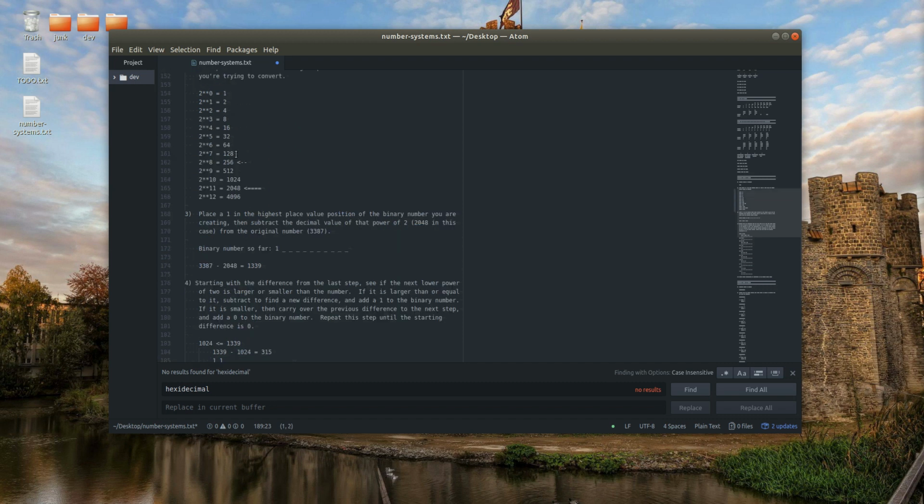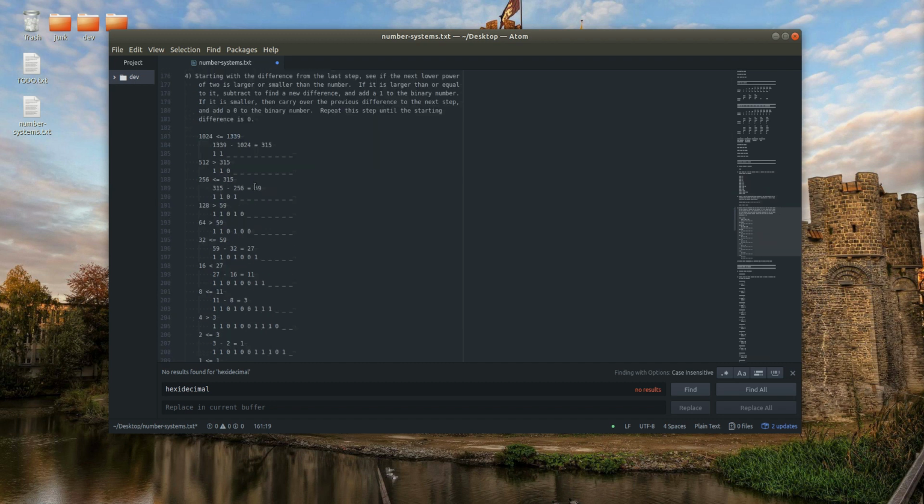So we go to the next power of 2, 128, and 128 is not less than or equal to 59, so we add a 0. Go to the next power, 64. 64 is not less than or equal to 59, so we add another 0.